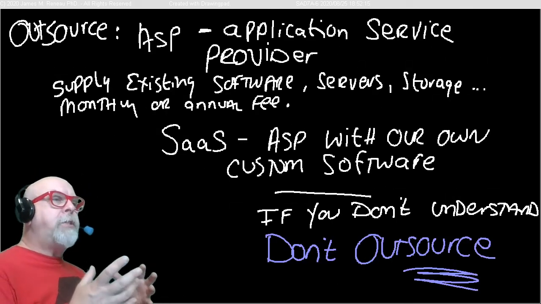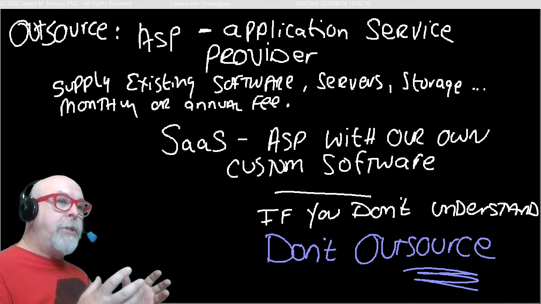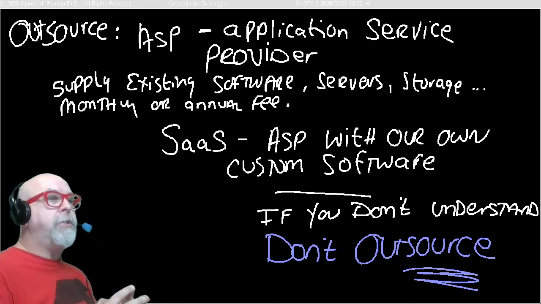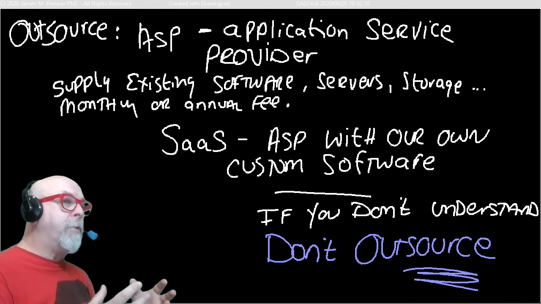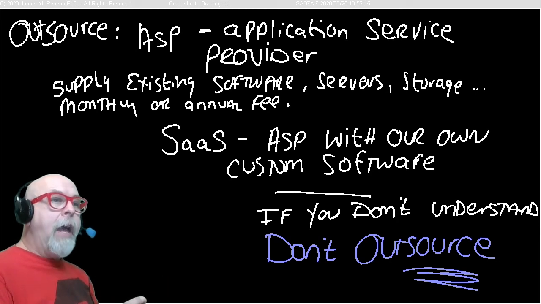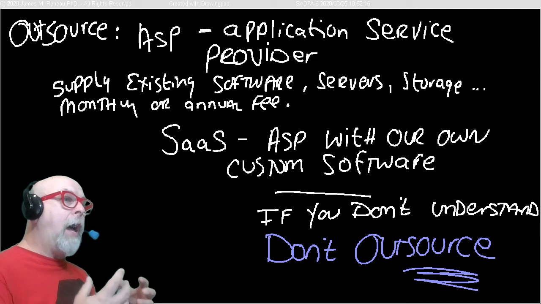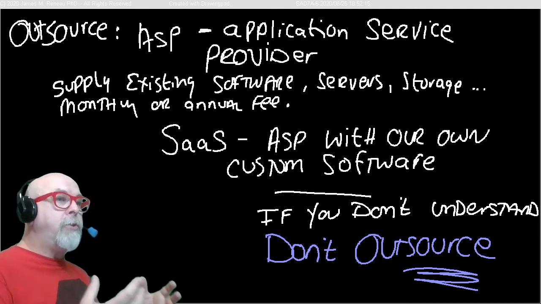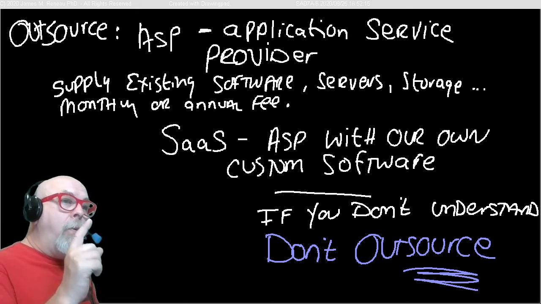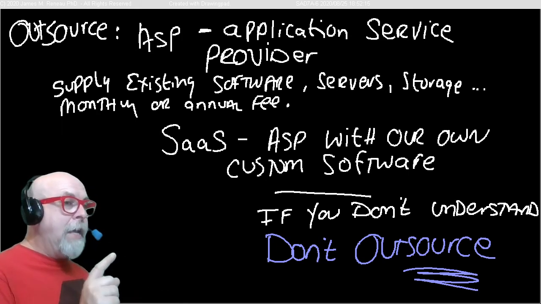So there are a couple of specific models in outsourcing that I wanted to talk about, and the first is known as the application service provider, or ASP. What an application service provider does is they supply servers, software, and storage for a monthly or annual fee. What they're providing is usually somebody else's software.